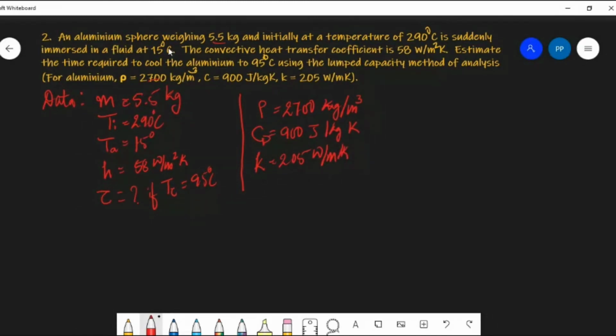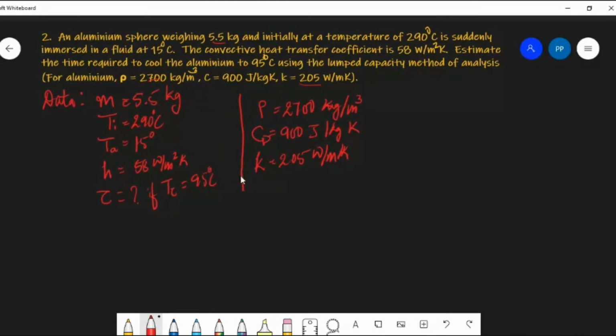Since we are dealing with aluminum, which has a very good thermal conductivity, we can assume that the temperature within the sphere will be uniform. If the thermal conductivity value is low, then the only way to find out whether it's uniform or not is with the help of Biot number. But anyway, we will also calculate the Biot number for this problem so that we will know what is actually happening.